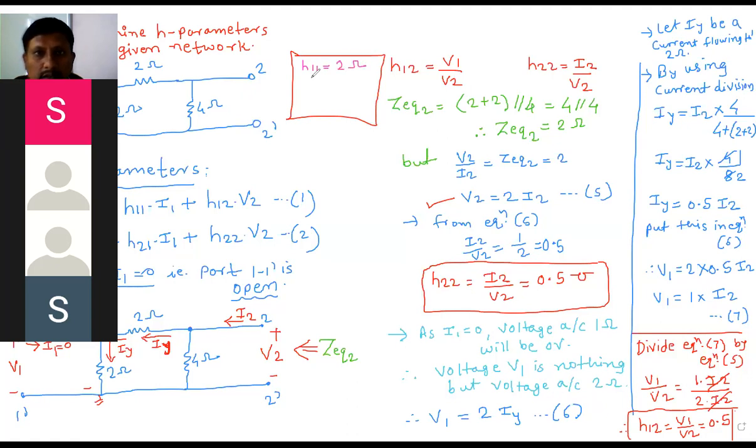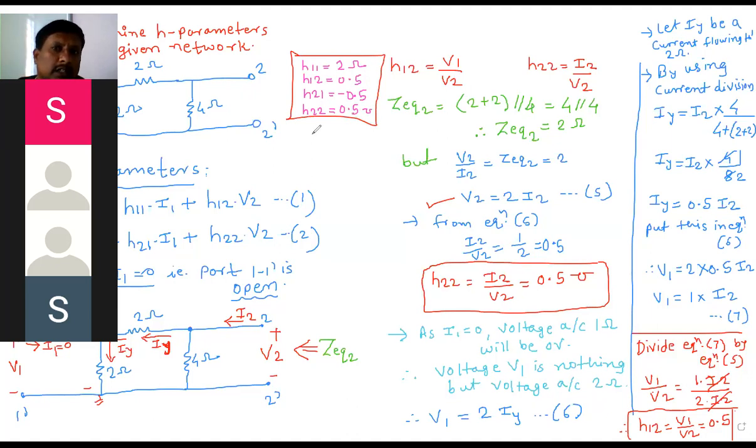H12 is 0.5. H21 is minus 0.5. H22 is equal to what? 0.5 mho.